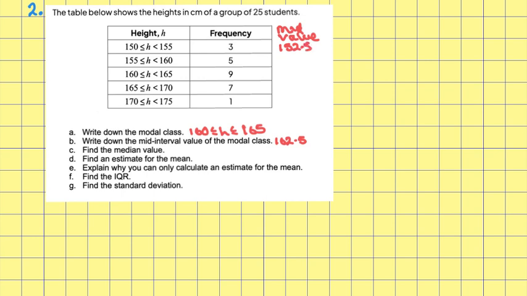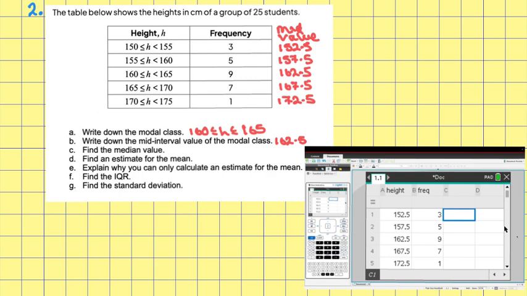The midpoint of 155 and 160 is 157.5. Then 162.5, 167.5, and finally 172.5. These values will be used when we set up our spreadsheet in order to calculate an estimate for the mean, the interquartile range, and the median value.